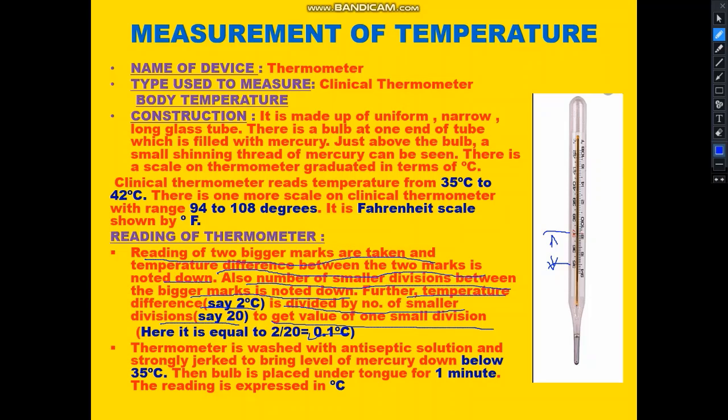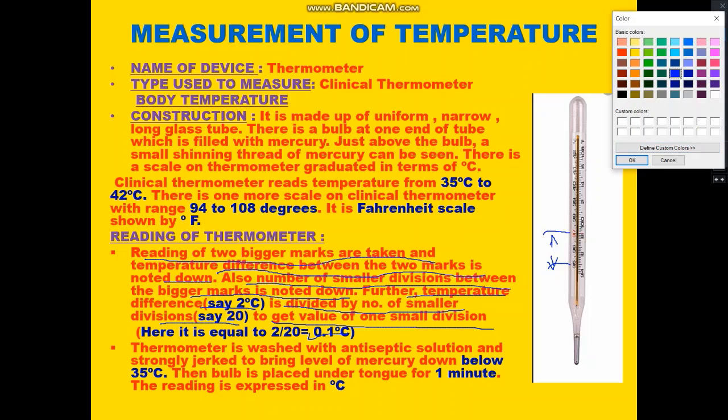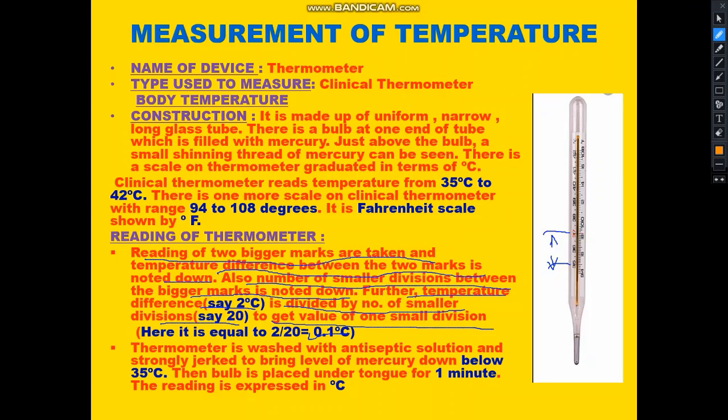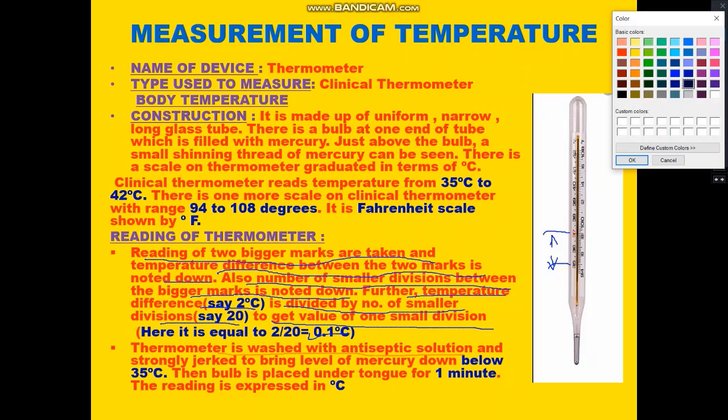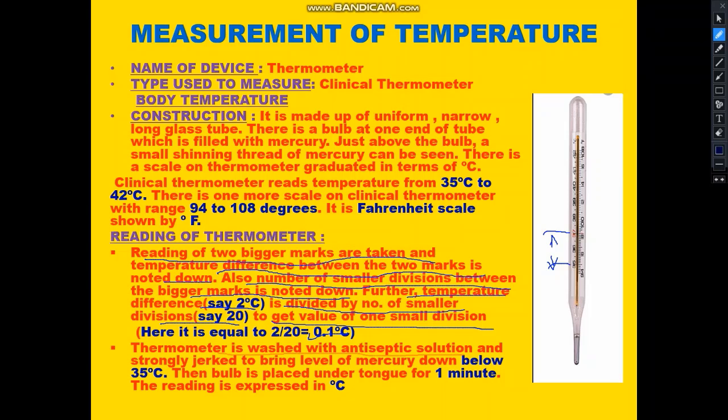Now, let's continue with the next discussion. The thermometer should definitely be washed with antiseptic solution. Wait a while, children. It is very important. Then it is strongly jerked to bring the level of mercury down below 35 degrees Celsius.